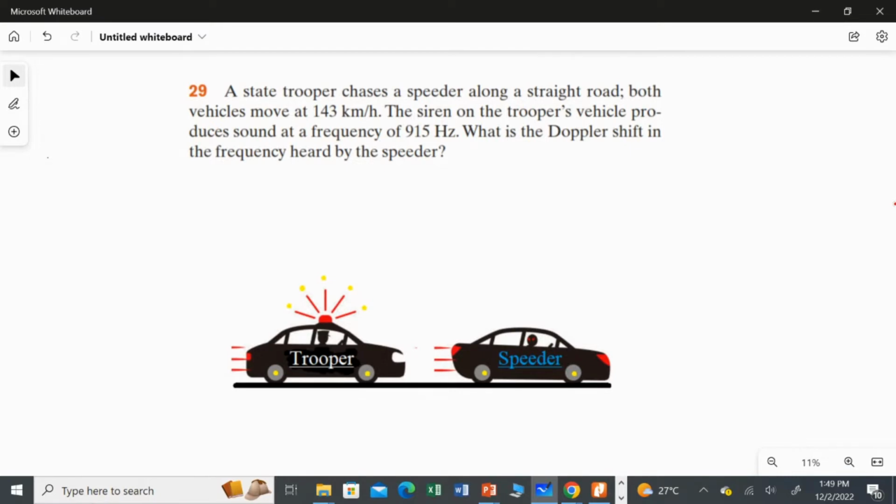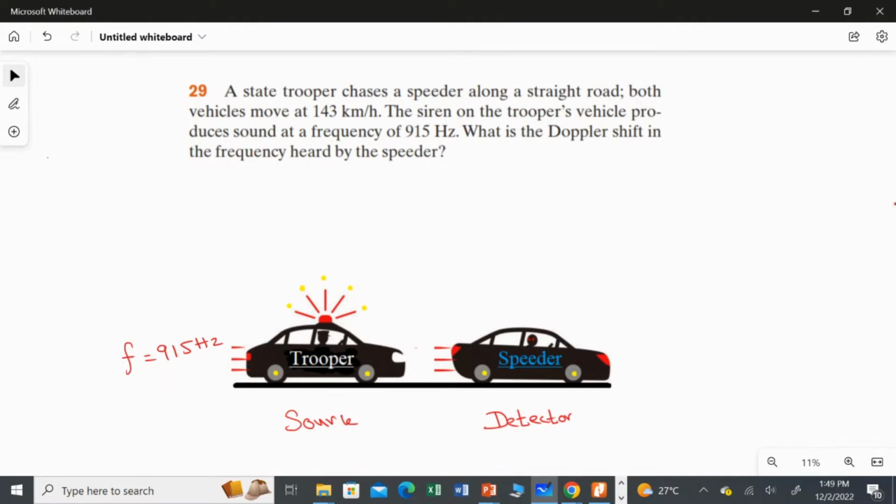So here the trooper vehicle is considered to be a source. Clear? So if this trooper is the source, who is the detector? The speeder vehicle is the detector, right? So I will write detector here. And this trooper vehicle is emitting the frequency f, 915 Hz.